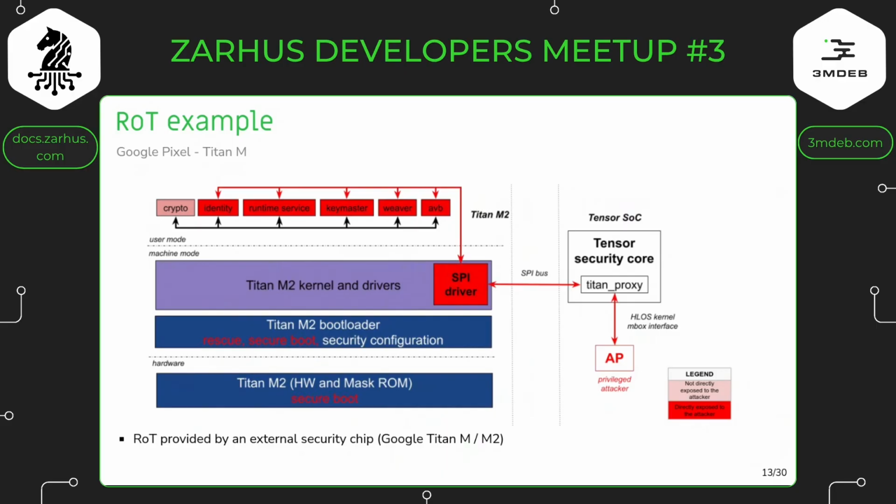Another example is Google Pixel. Here it's a bit different, as we have a separate security chip, which is Titan M. It's derived from the Google Titan chips originally produced for server boards, but we have also a version of Titan M, which is smaller and more targeted towards this mobile ecosystem.